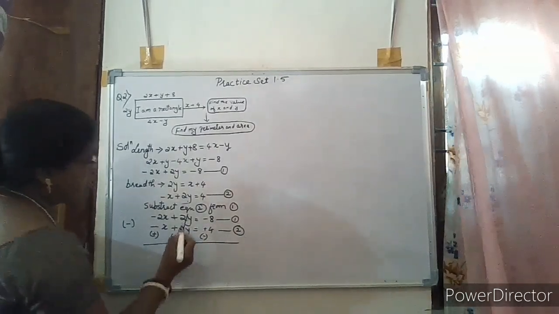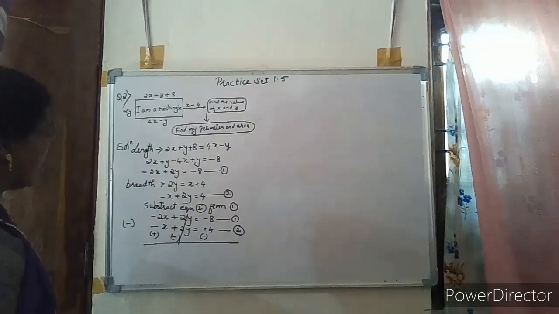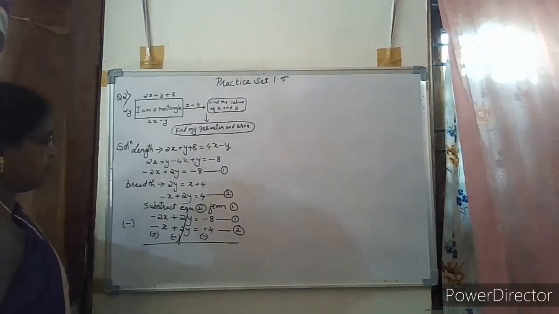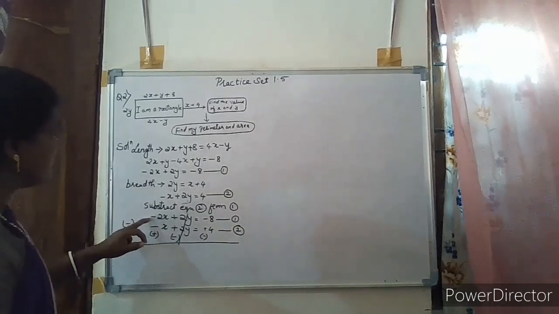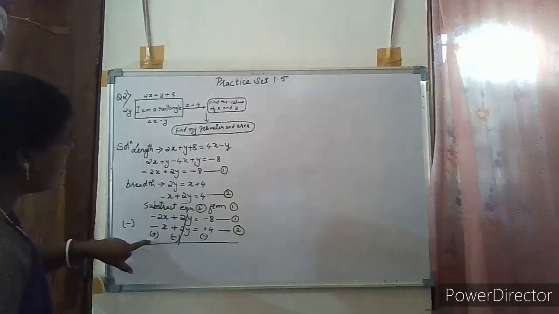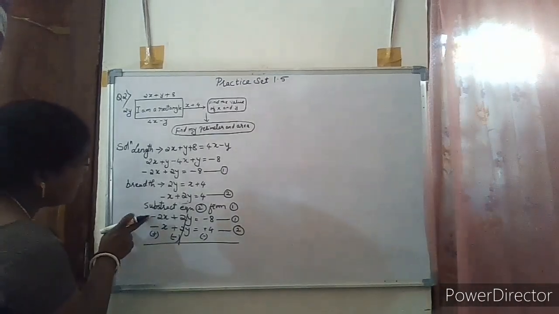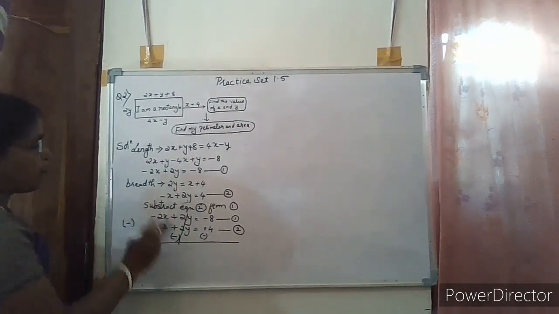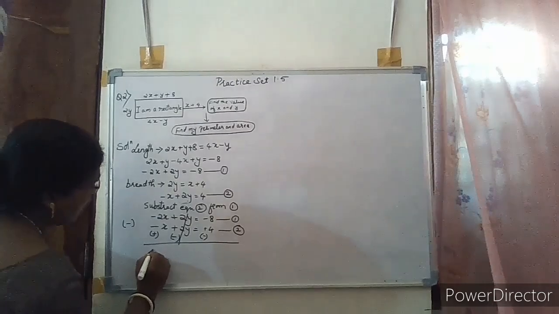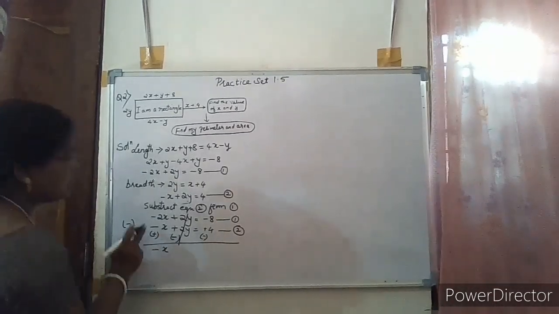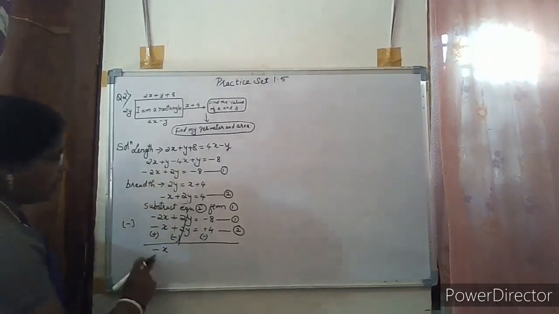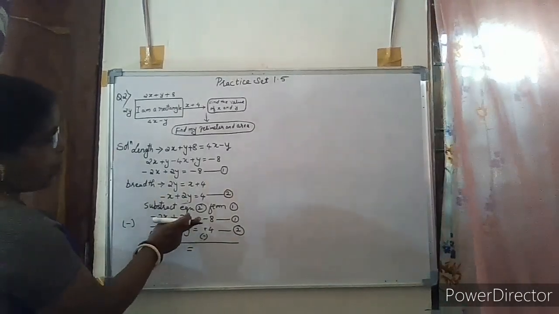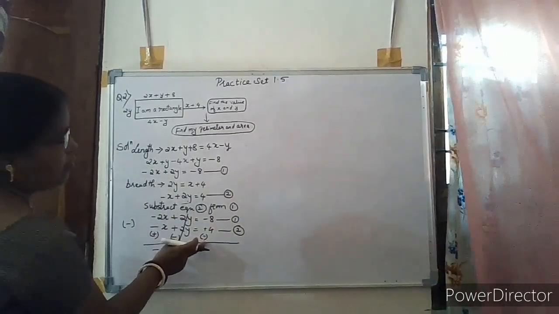So 2y gets cancelled. Now, minus 2x and plus x, we have to subtract, so I will get minus x, with the sign of the greater number. Minus x is equal to, now see here, minus 8 minus 4.